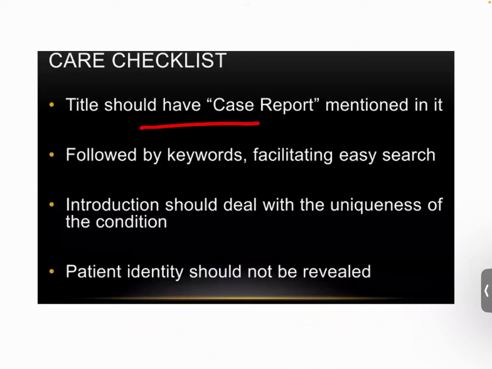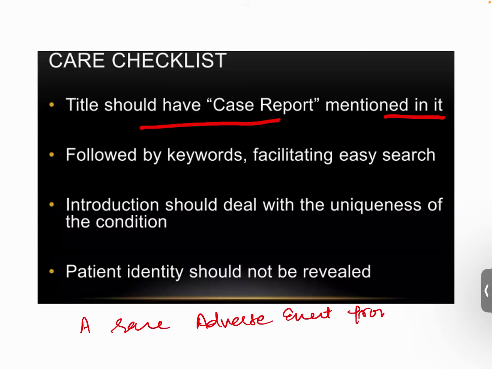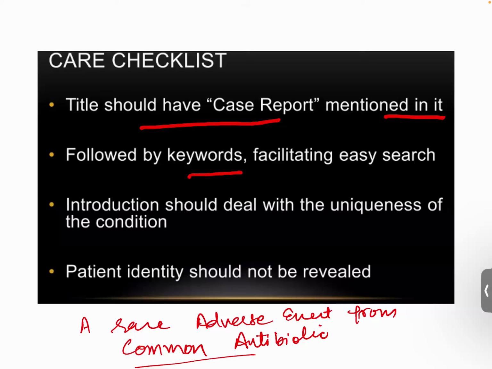The title should have case report mentioned in it. I have given you an example: a rare adverse event from a common antibiotic. That is the title of your case. Then you should use your keywords, like you use in your abstract.